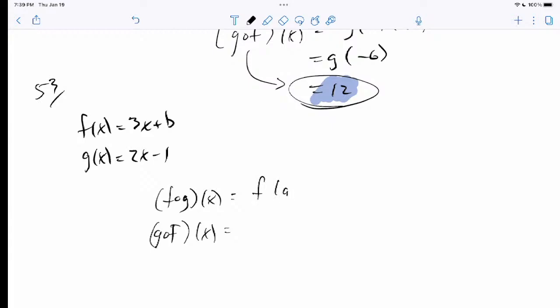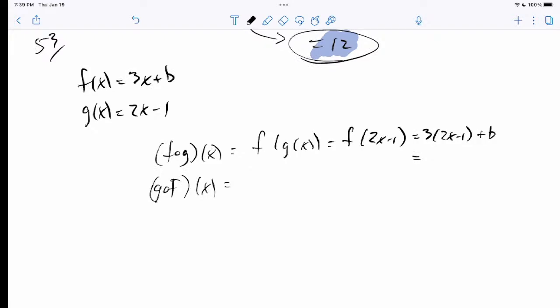This is f acting on g at x, which is f acting on 2x minus 1, which is 3 times 2x minus 1 plus b. When I calculate this, I get 6x minus 3 plus b.